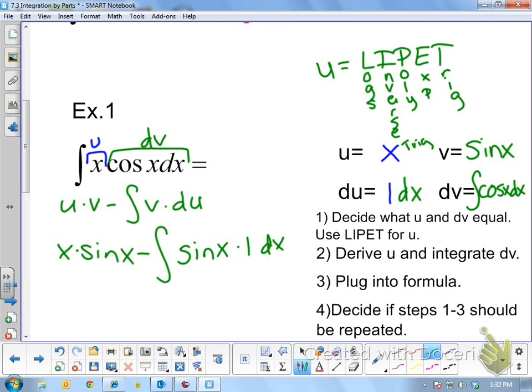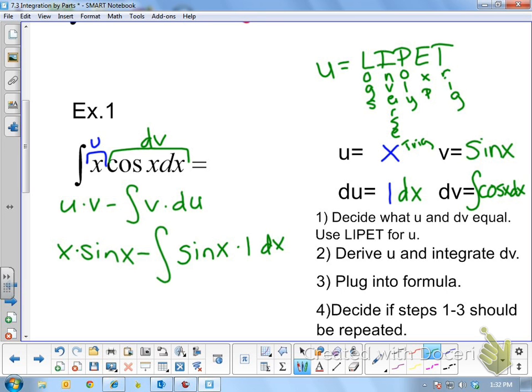So what conveniently happened for us in this second integral now? What's nice about it that wasn't nice about our first integral? What's different about it? You can integrate it. I can integrate this with a formula now. I know the integral of sine.